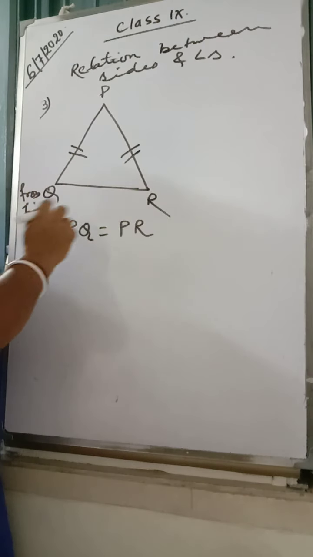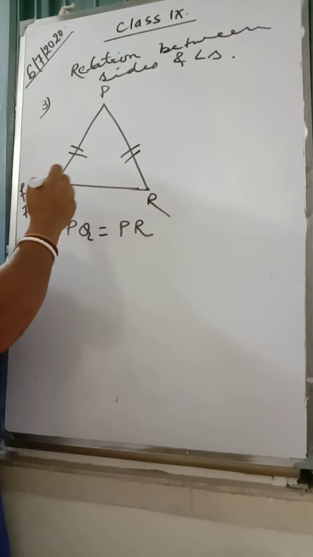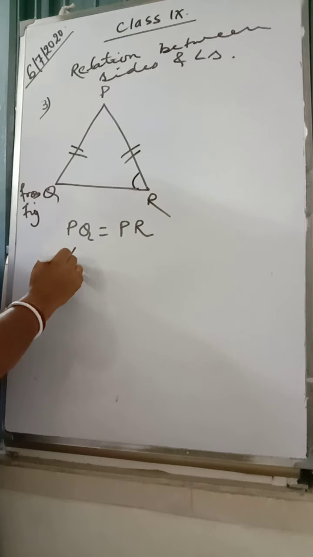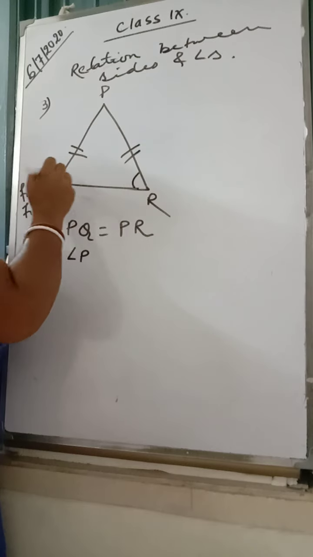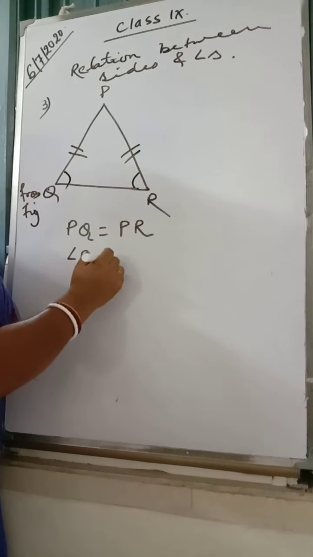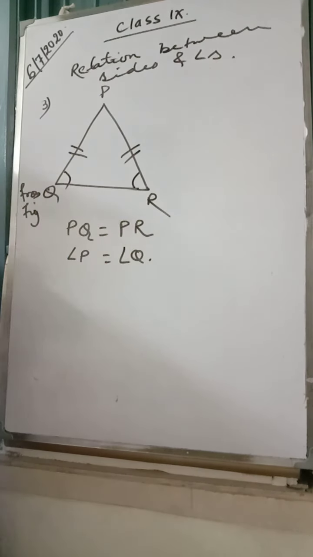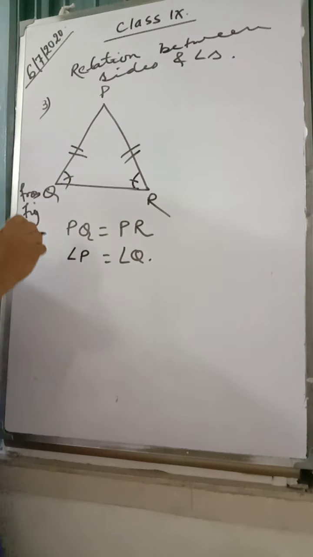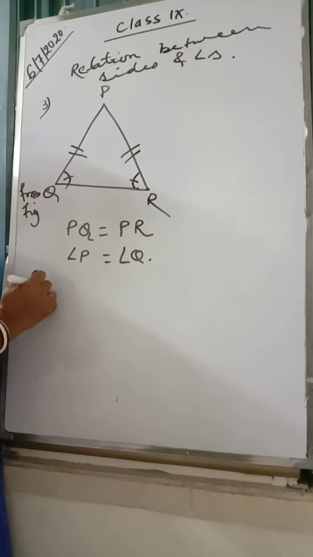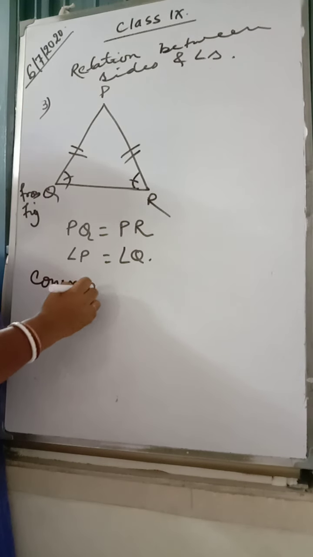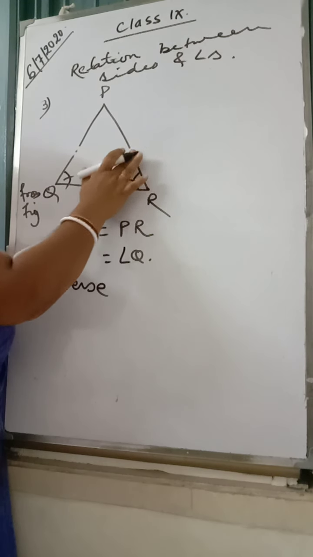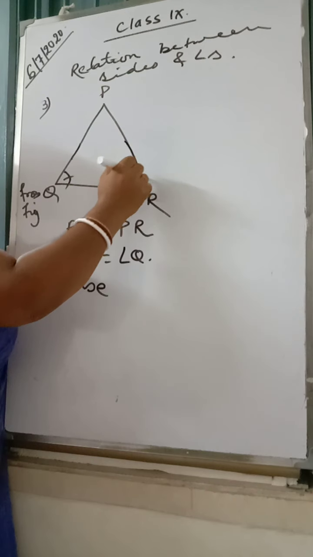If two sides are equal, then the angle opposite to them, opposite to PQ, which angle is there? Angle R will be equal to angle Q. If two sides are equal, the angles opposite to those sides would also be equal. This is a theorem. The converse says, here the angles are equal.